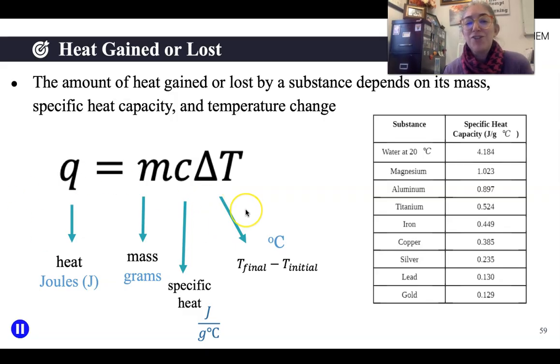So this is the equation, I call it Q equals MCAT, that we use to figure out how much heat is absorbed by something when its temperature goes up or down. You can also use it to figure out what the specific heat of a substance is and identify it. So there are lots of variables we can solve for.